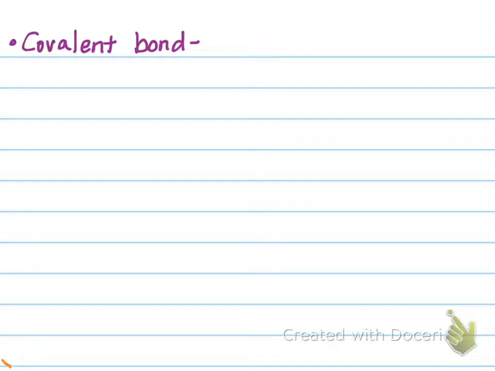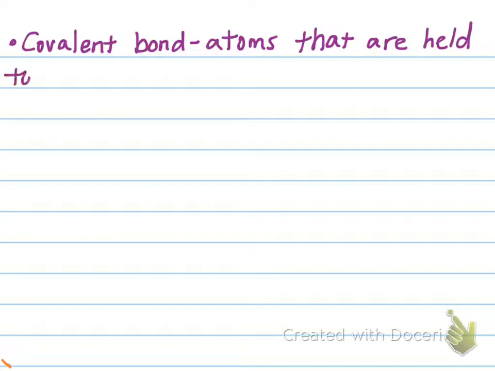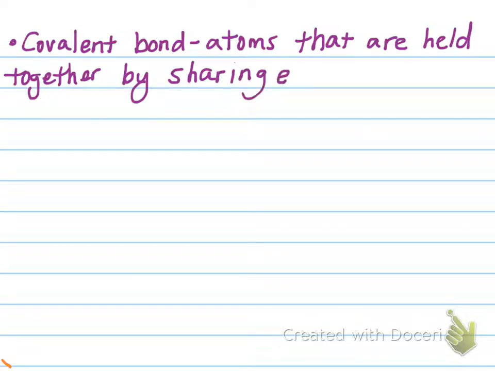A covalent bond contains atoms that are held together by sharing electrons. We call that being joined by a covalent bond.